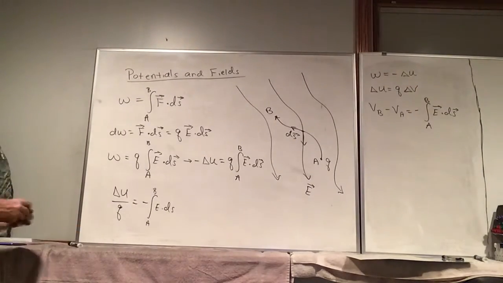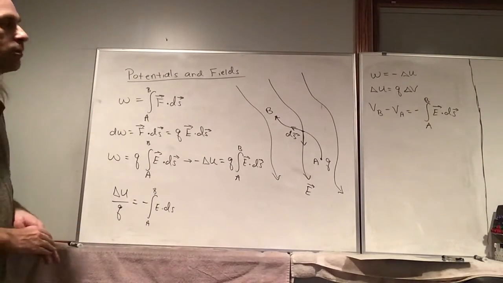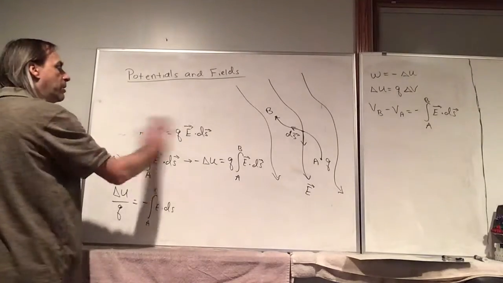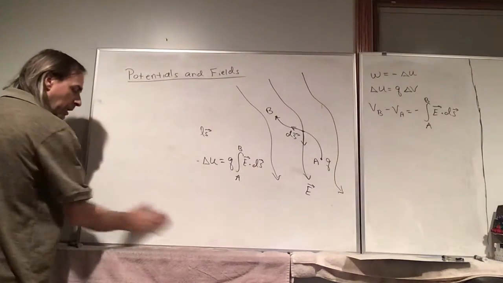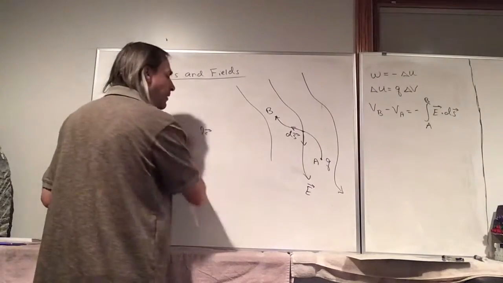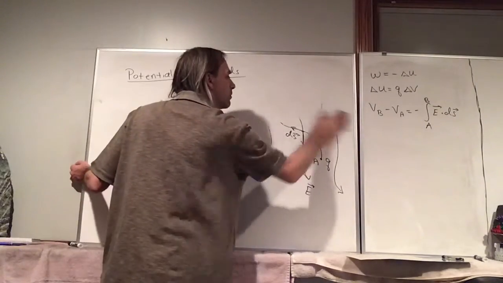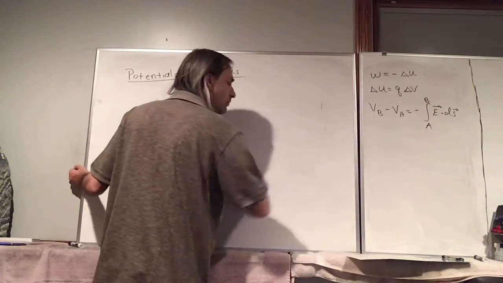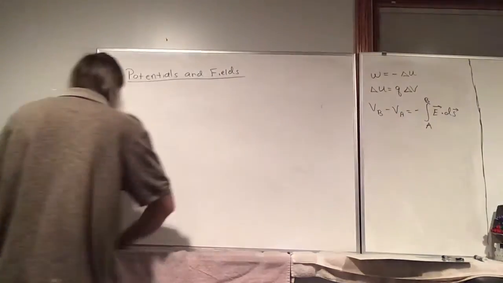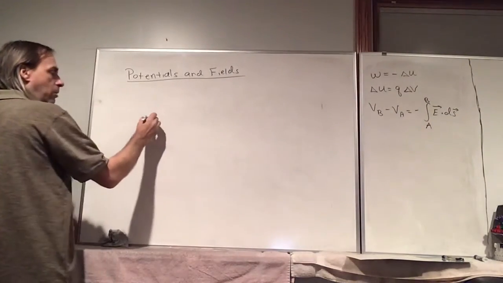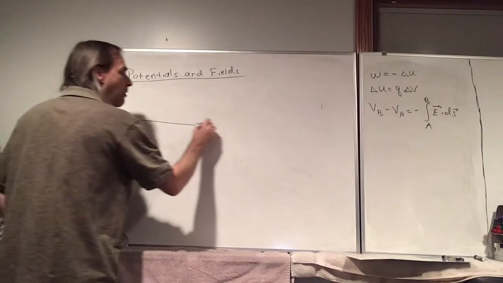I want to go back and talk about a consequence of what we just showed here. So I want to go back and look at this idea of an equipotential region. So let's say we have an equipotential line.